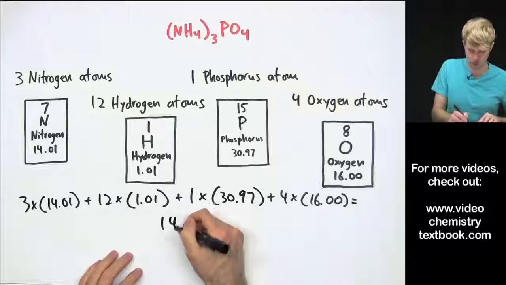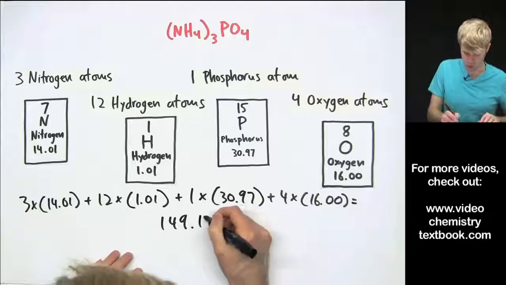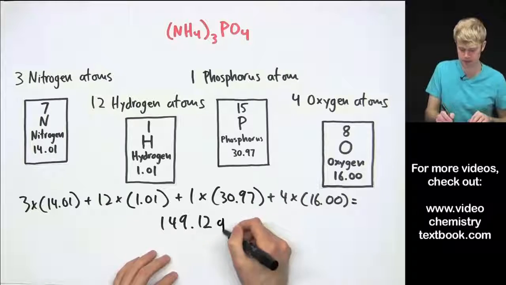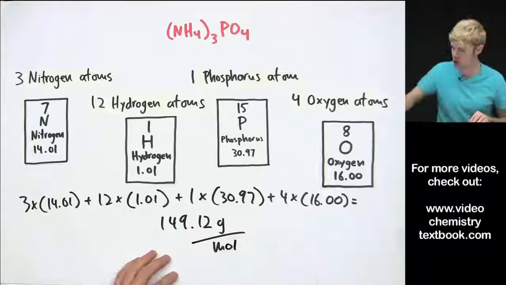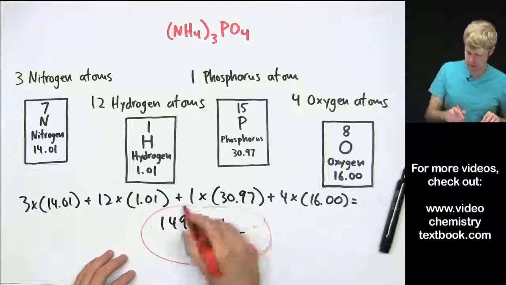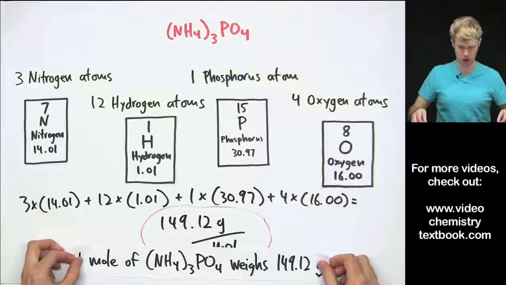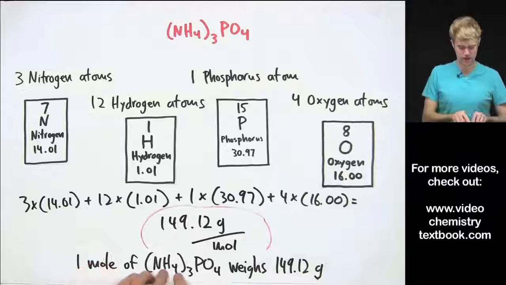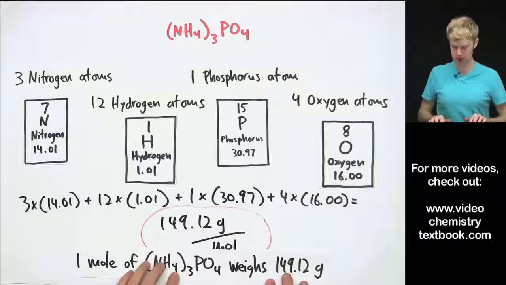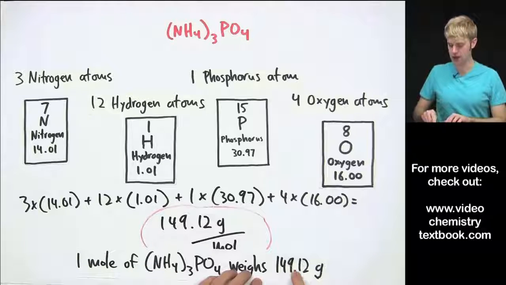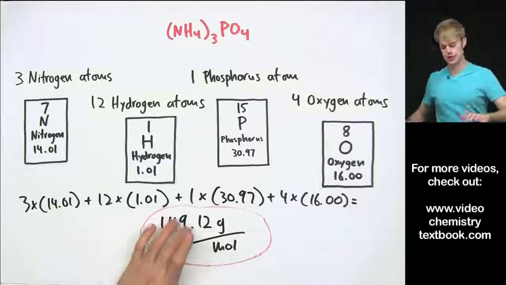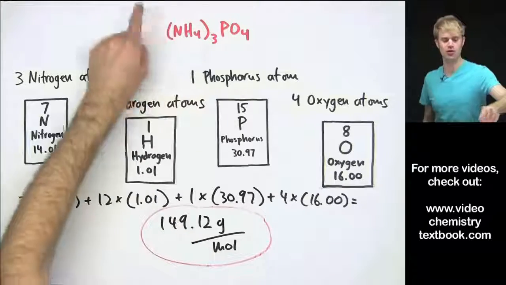And we end up with 149.12. What are the units? Grams per mole, which once again means that 1 mole of (NH4)3PO4 weighs 149.12 grams. This is how much a mole of this weighs.